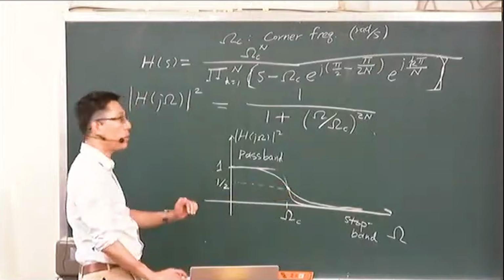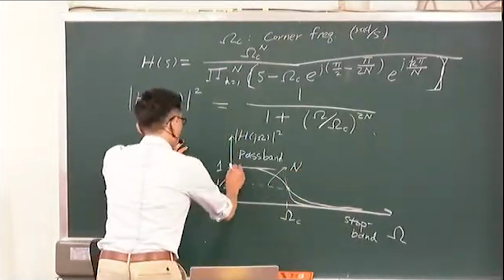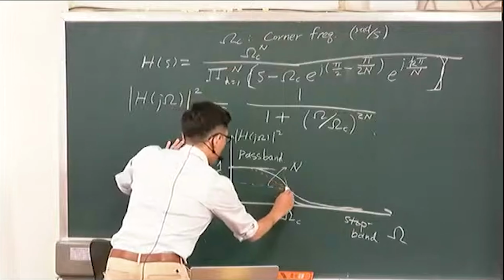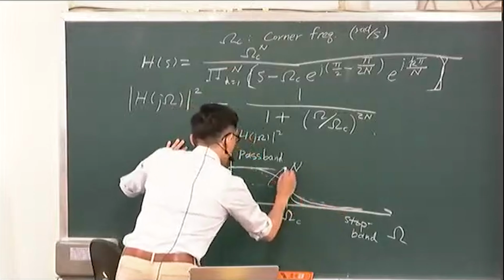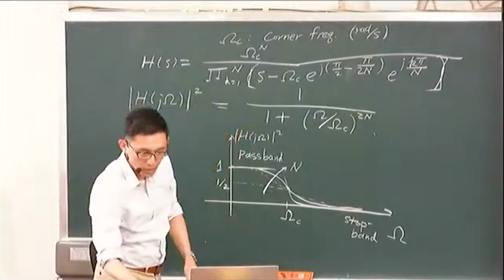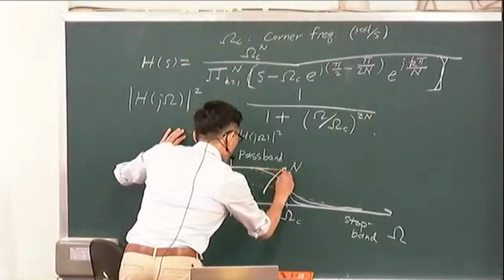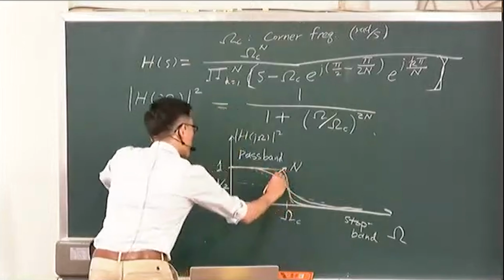So that's when we increase n. With a smaller n, we may have a really shallow response. A big n, when n increases, can you imagine that our response is going to approach more and more the ideal response? Even larger and so on.